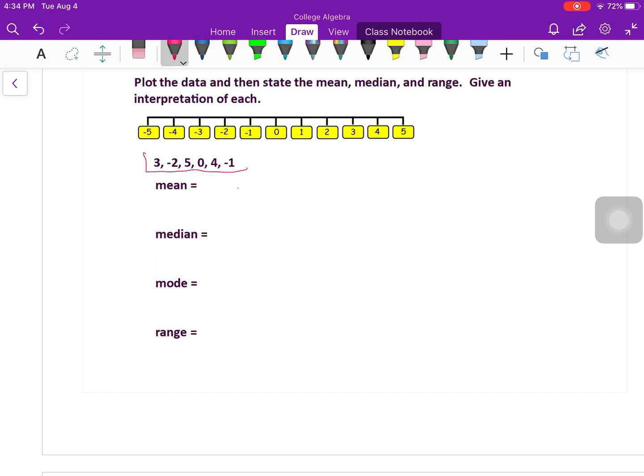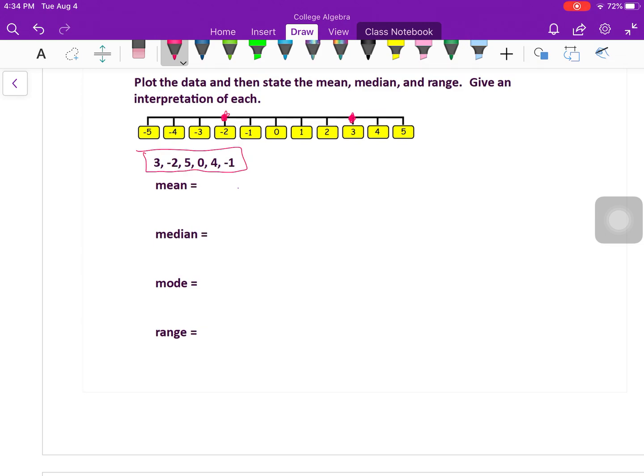All right, let's find those pieces of data for this set of data. We do not know what this set stands for, 3, -2, 5, 0, 4, -1, but it is a set of values.